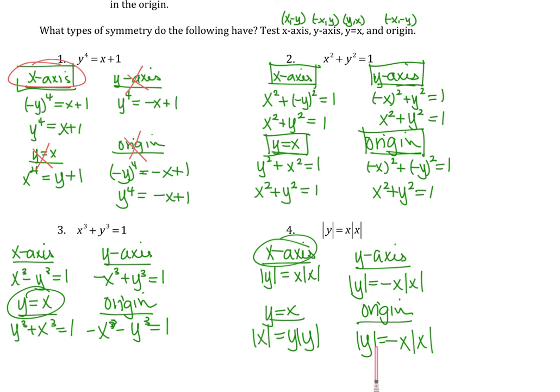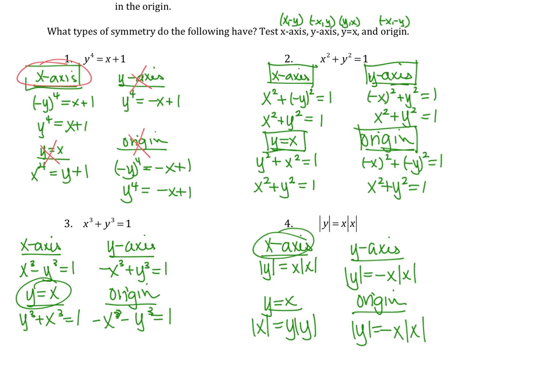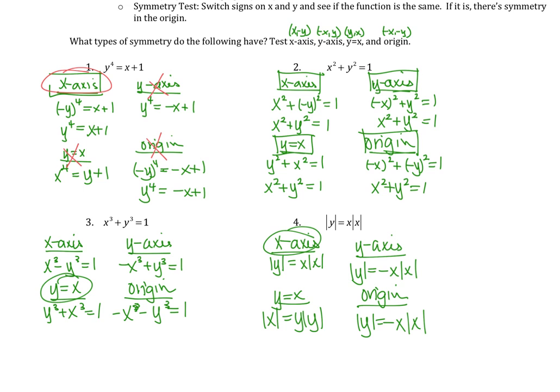The absolute value of negative y is the same as the absolute value of y, and the absolute value of negative x is the same as the absolute value of x, but we're still left with this negative x left over. So only symmetry in the x-axis on number 4. Any questions there on the symmetry?